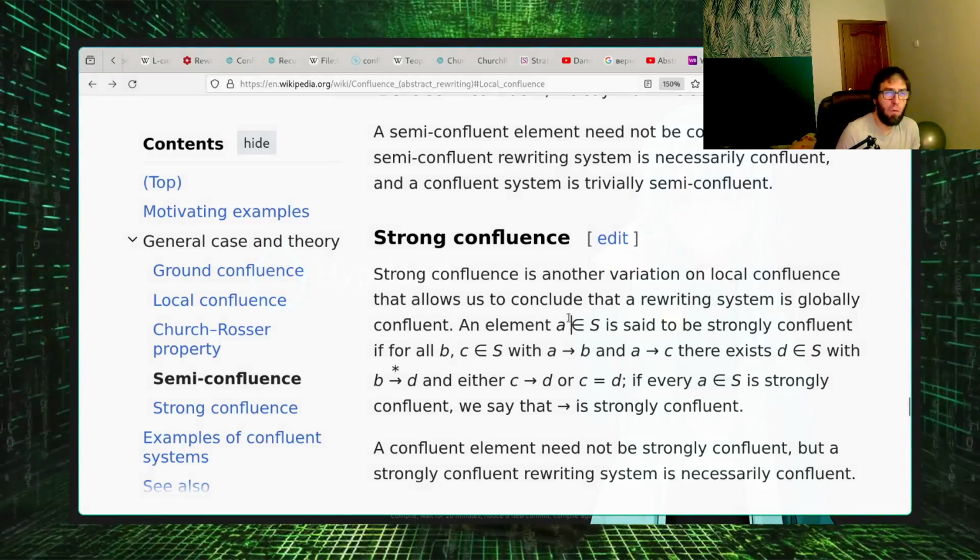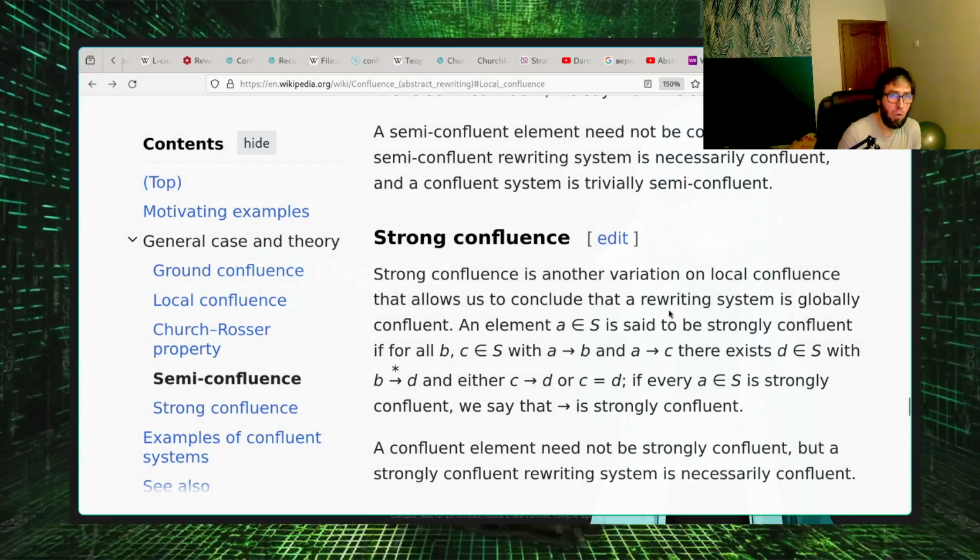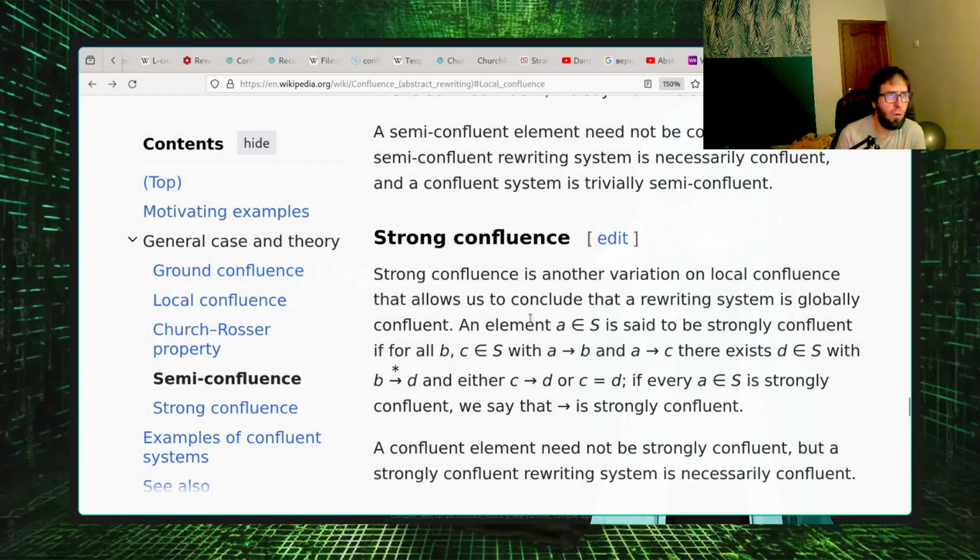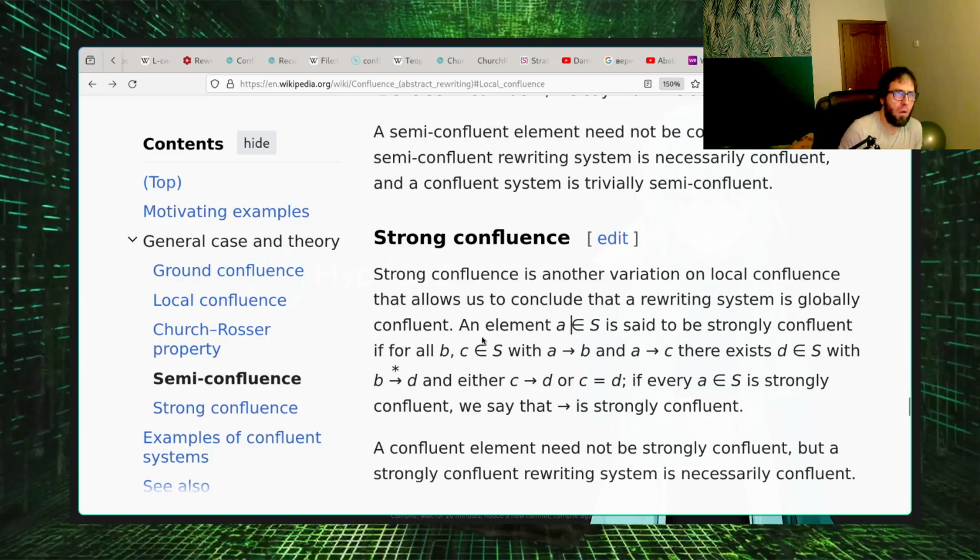And strong confluence. Strong confluence is an operation on local confluence that allows us to conclude that a rewriting system is globally confluent. Okay.